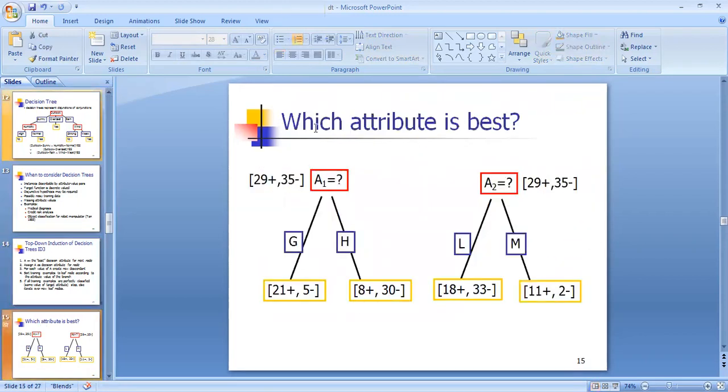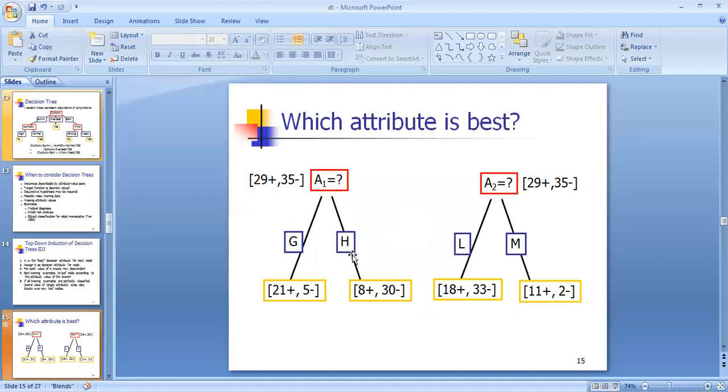So now you see here, you have to work out some of the concepts. Which attribute is best? Here A1 is one attribute with two branches, G and H, with leaf values 21, 5, 8, 30. A2 is this one, low, medium, like that.